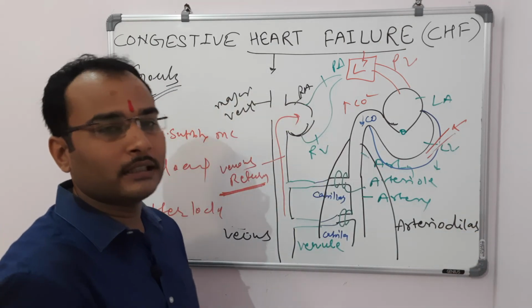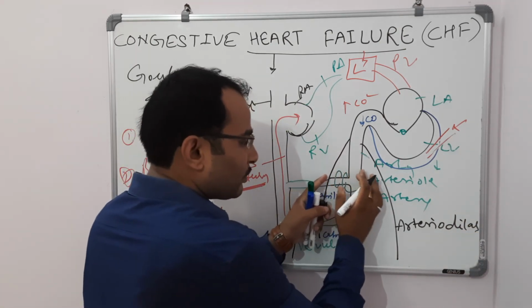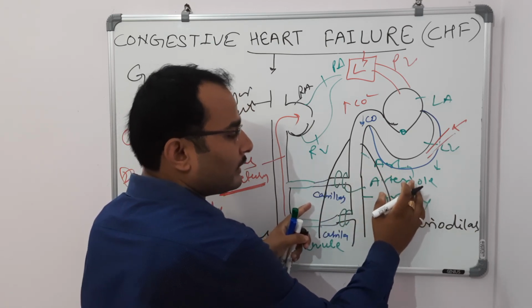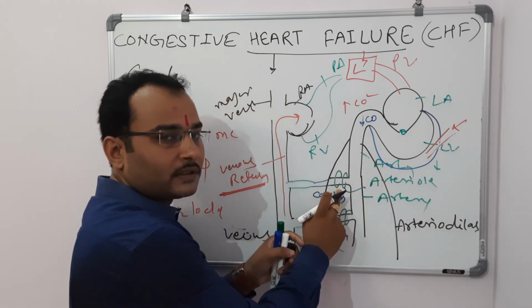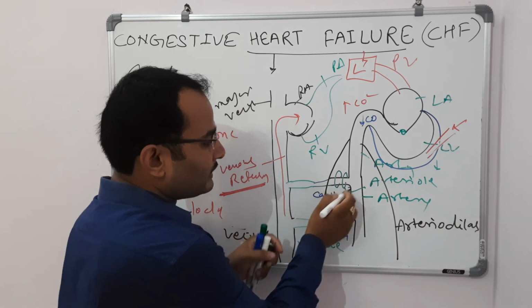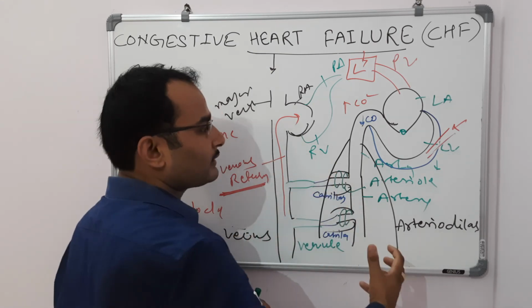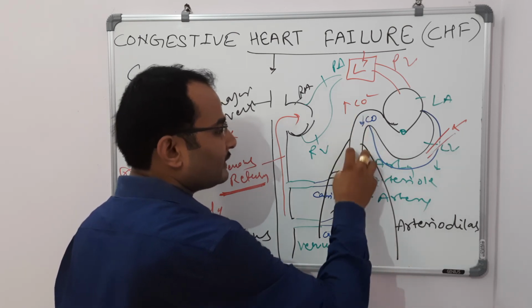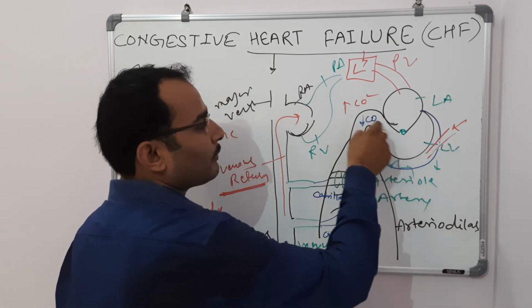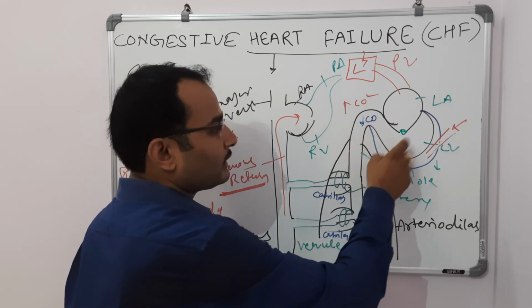So all the arteriodilators are responsible for increasing the diameter of the artery, especially arterioles, which are the resistance vessels, and once these arterioles become dilated, there will be less resistance offered by this area over the coming blood.